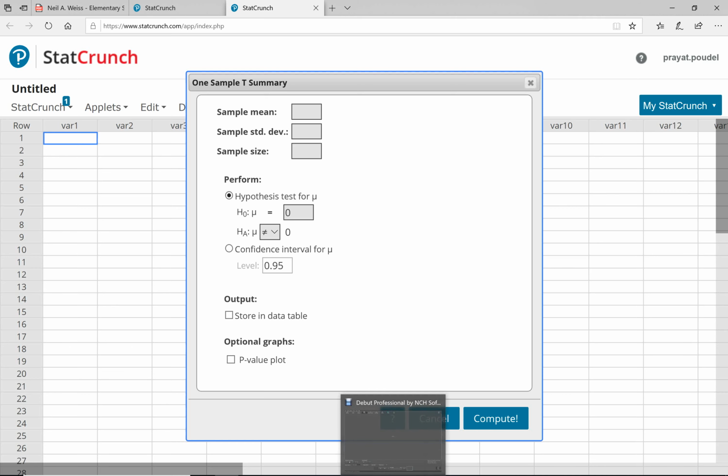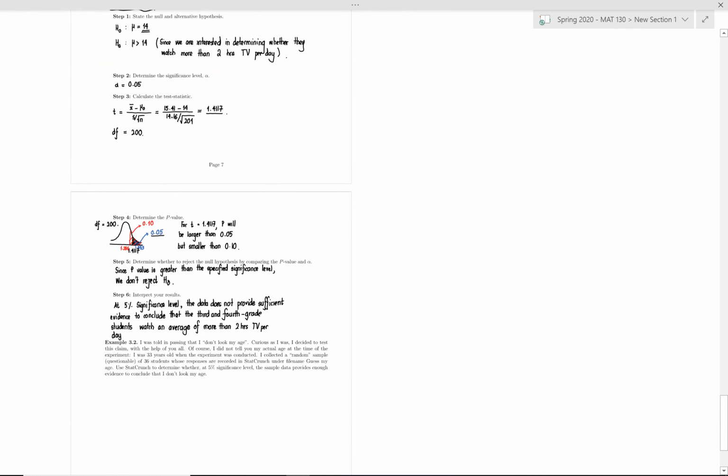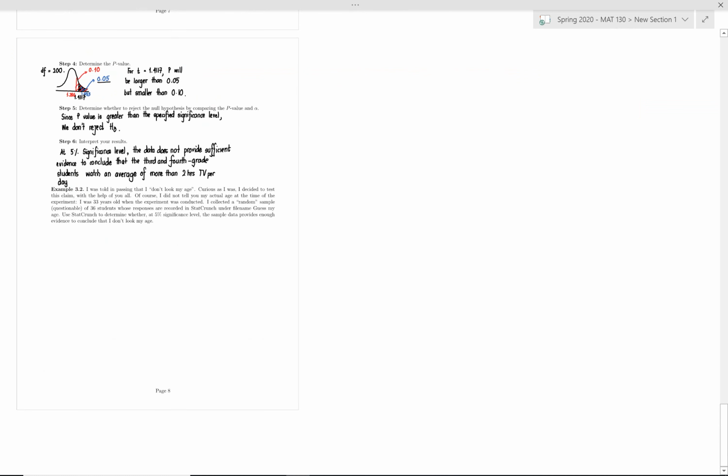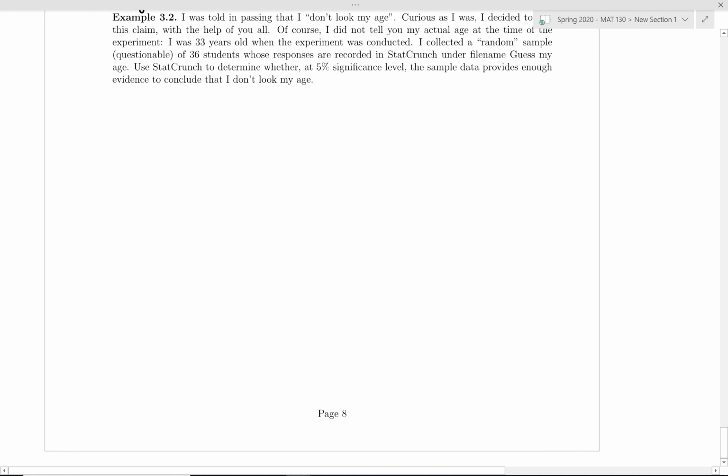All right, so if you go to the handout, there's another example there. For students present in class, we collected data, right? And the question I was trying to answer was, do I look my age? What we did was I asked you all to tell me what my age was.